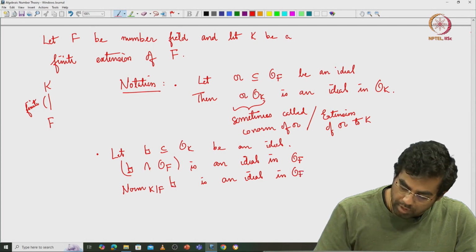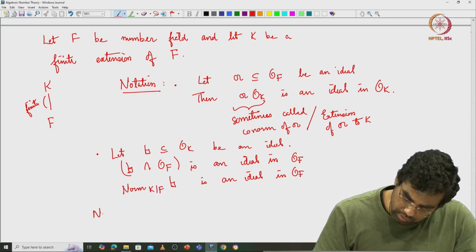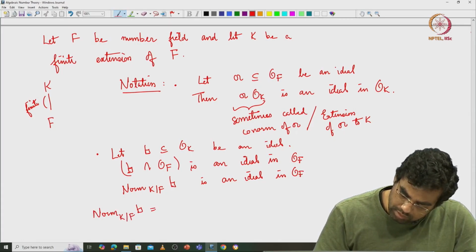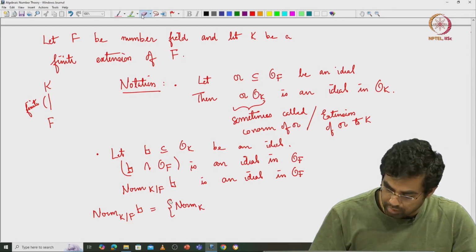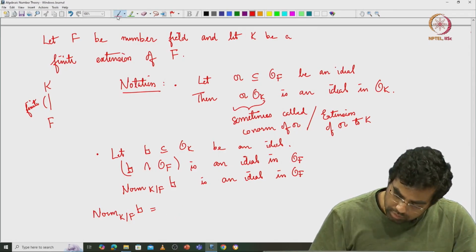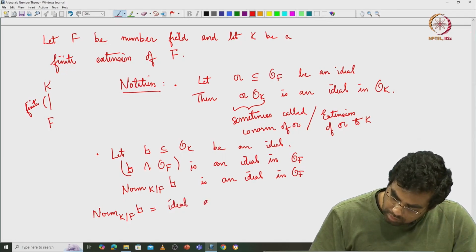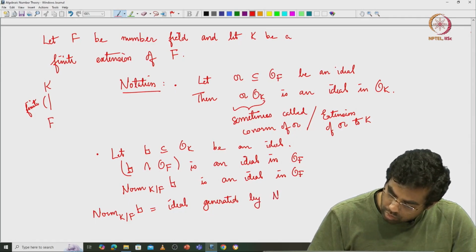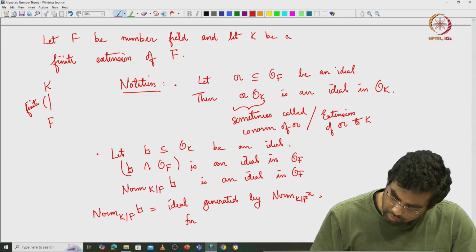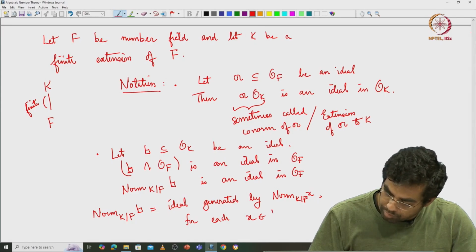Let me remind you what norm is. So, the norm from K to F of B is the ideal generated by the norm from K to F of x for each x in B.